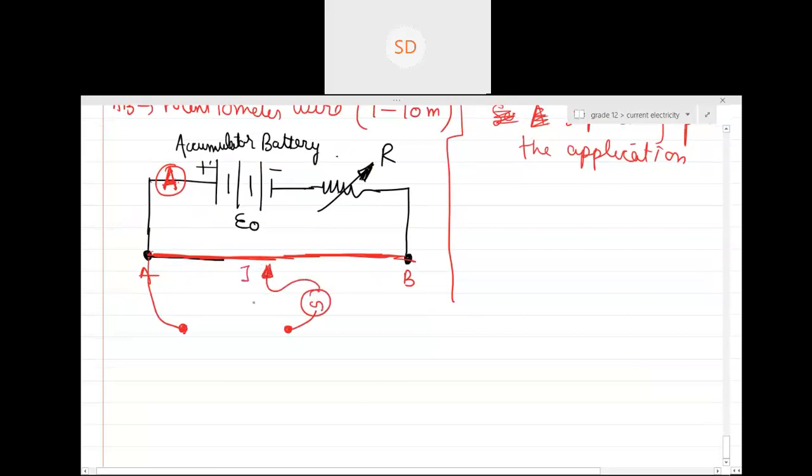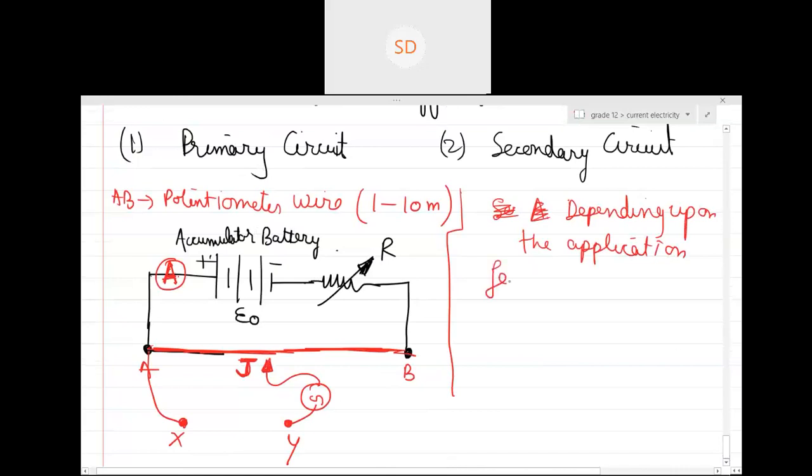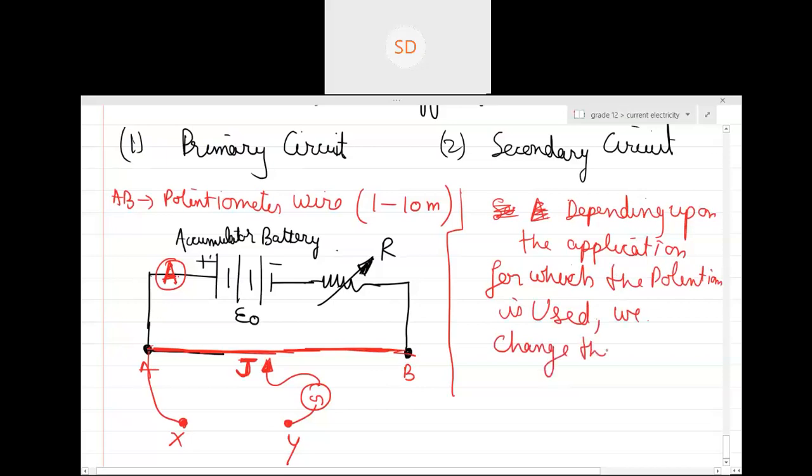So basically this is a part of your primary circuit X, Y. The secondary circuit depends on the application for which the potentiometer is used. We change the secondary circuit accordingly.